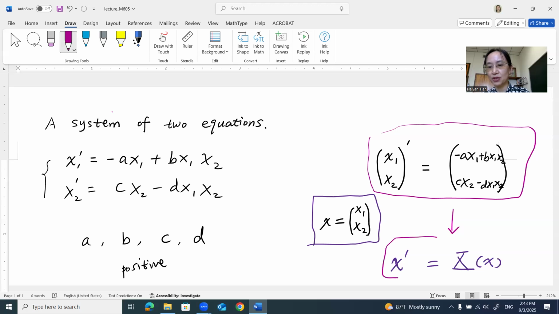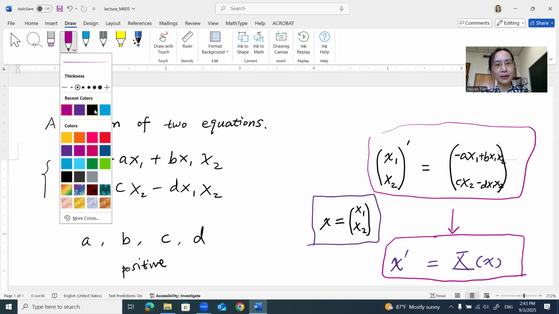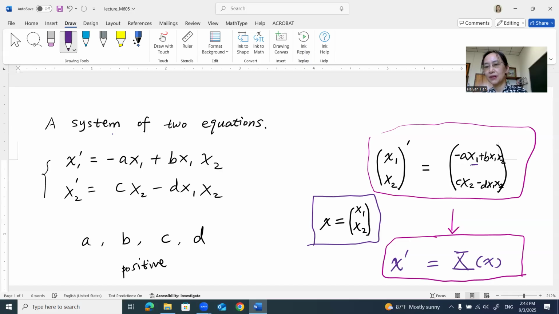The right-hand side is just another vector, which is denoted by capital X. But this capital X, of course, depends on the lowercase x.